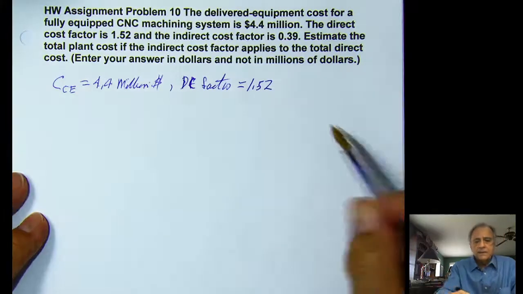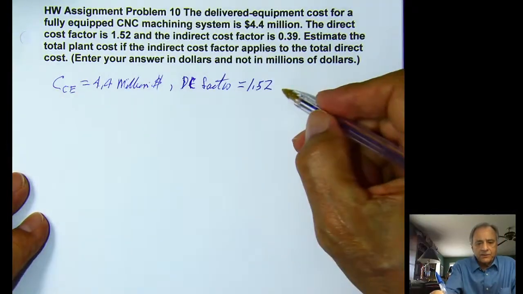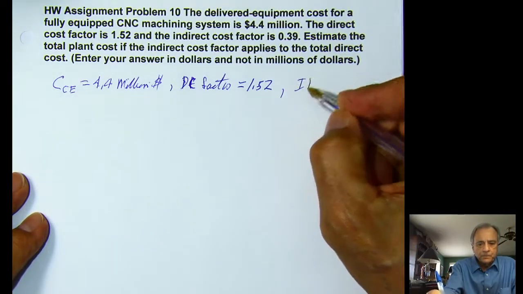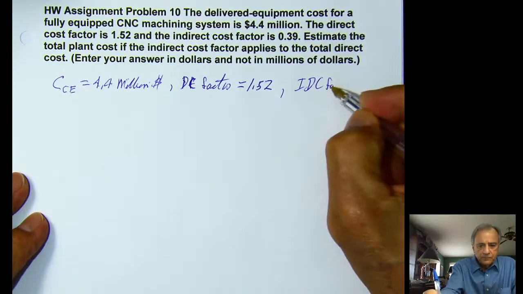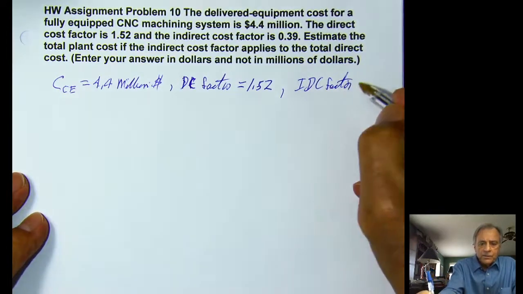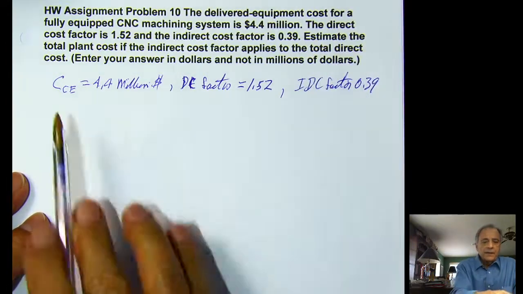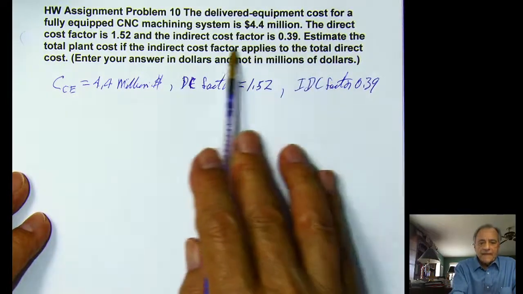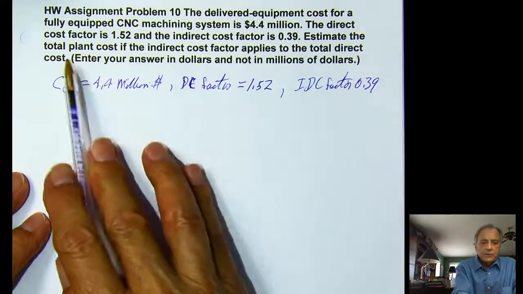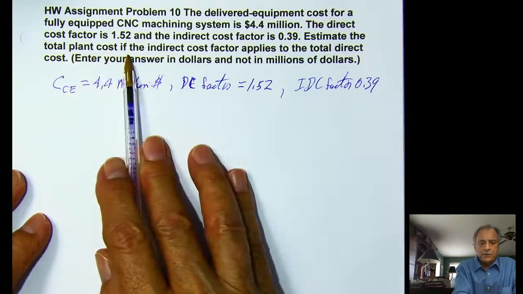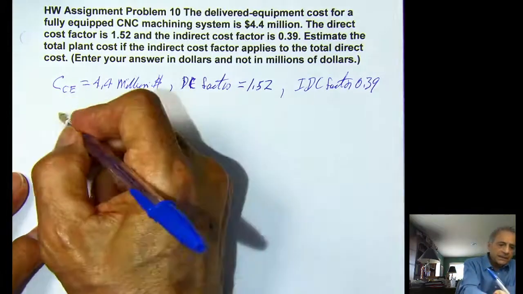And then he says the indirect cost factor is 0.39, and then he says further that estimate the total plant cost. So we're looking for total cost, C T.